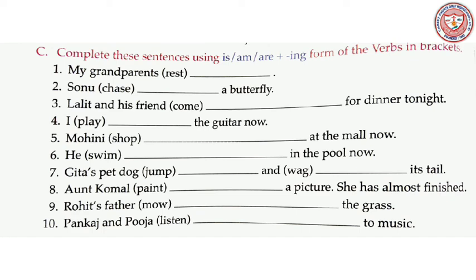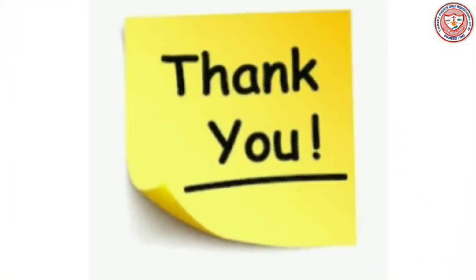As you know, we always use am with I. So, I am playing the guitar now. Am plus play plus ing. Am plus the ing form of the verb. Present continuous tense. So hope you can do the rest on your own.